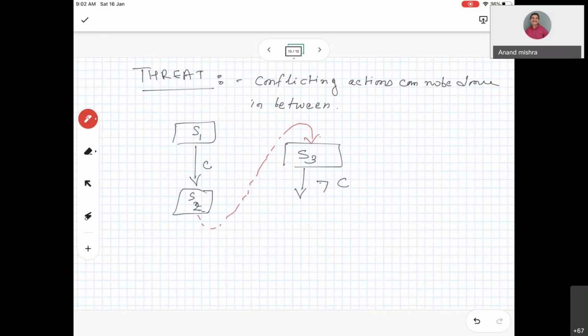Or you can first do S3 and then you do S1. So that's two ways of doing things. The dotted line does not satisfy the precondition, that is after buy biscuit.